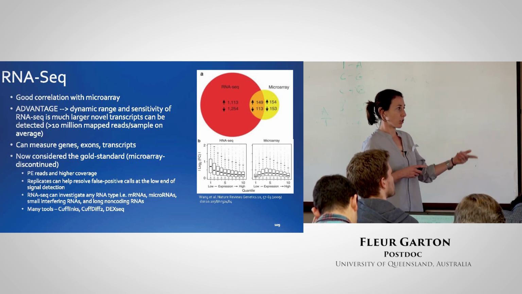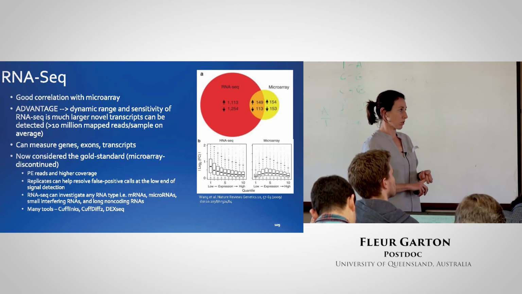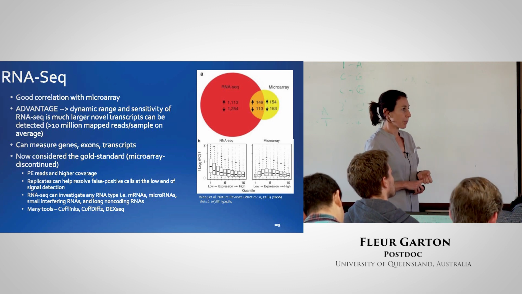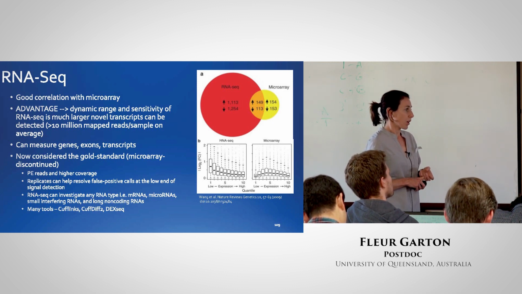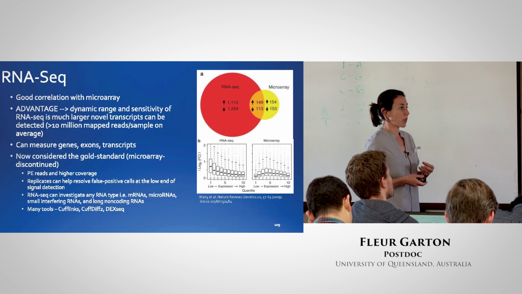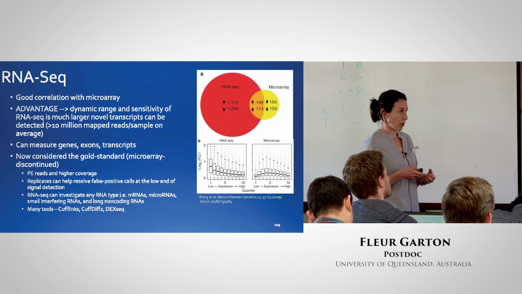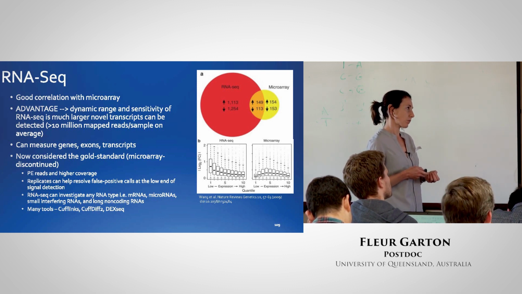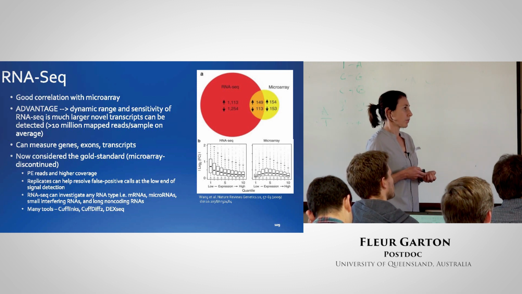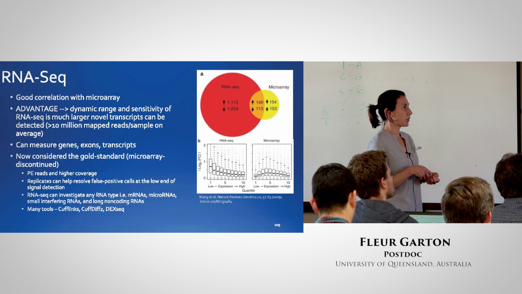Using RNA-seq, you can measure genes, exons and transcripts. And there's a lot of different tools to help you analyse this type of RNA-seq data. I won't go through the methods.